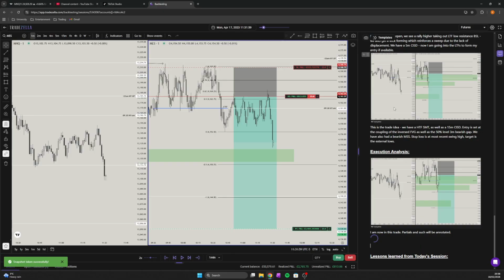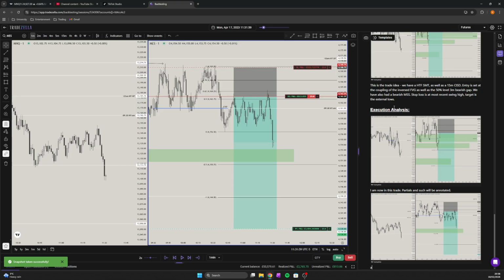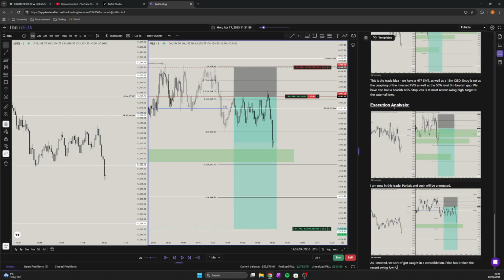As I entered, we got caught in a consolidation. Price has broken the recent swing low formed.